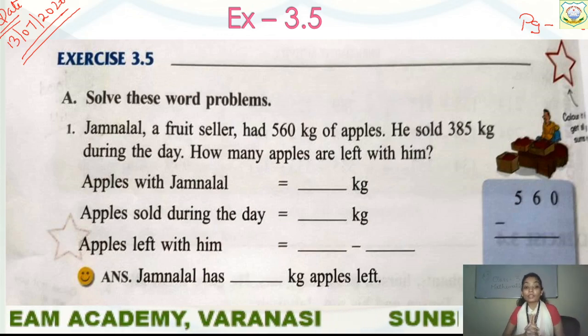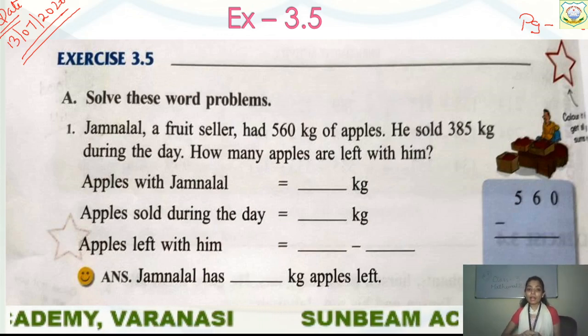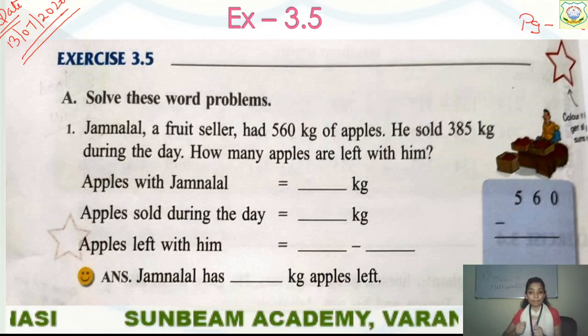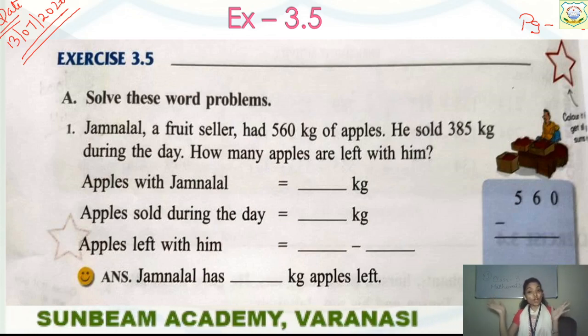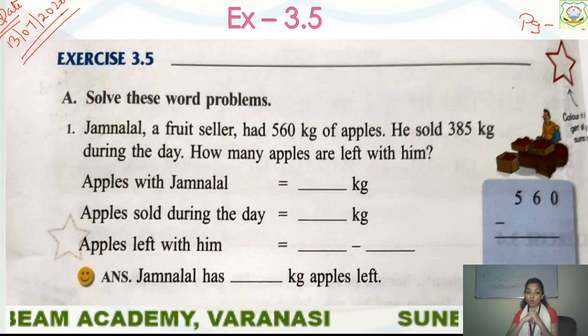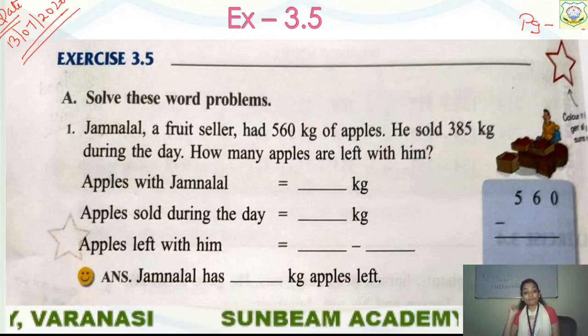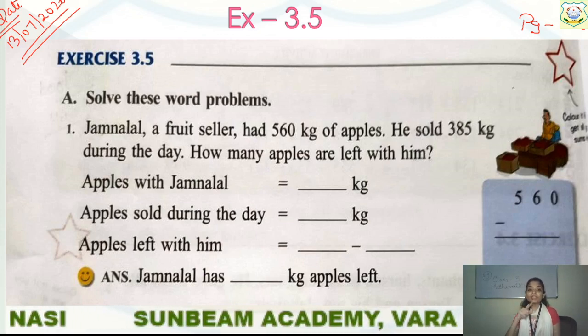So the question is, Jamnalal, a fruit seller, had 560 kg of apples. He is having a lot of apples. He sold how much? He sold 385 kg during the day.